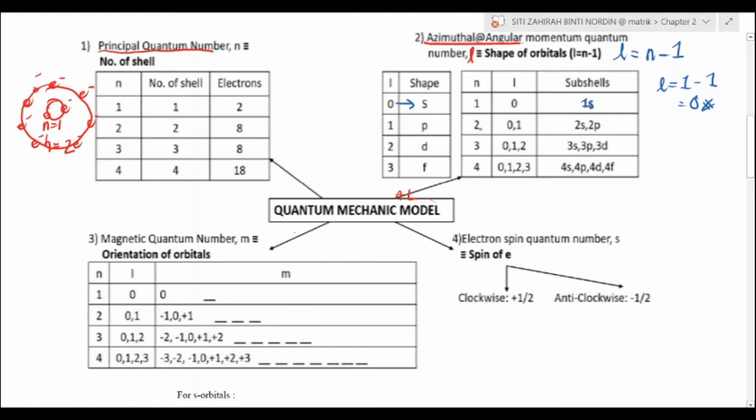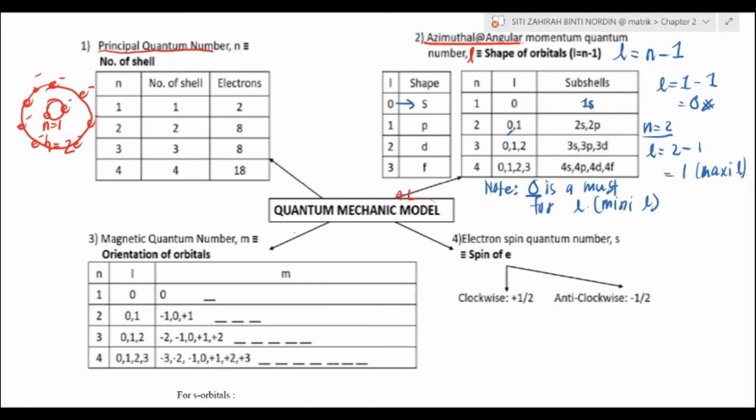For n equal to 2, your L must be 2 minus 1, which is 1, and 0. Make a note that 0 is a must for L. This is your maximum L value, and your minimum L would be 0.